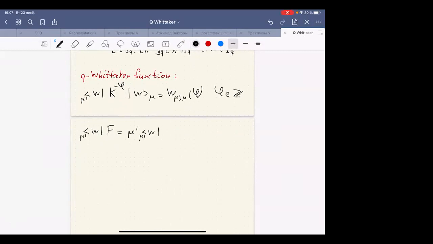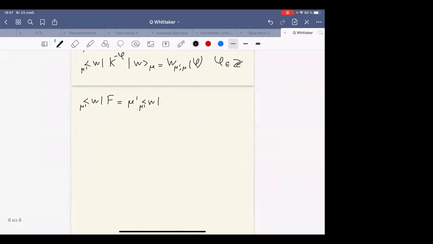And to obtain it, I want to introduce a Casimir function for the quantum SL2.